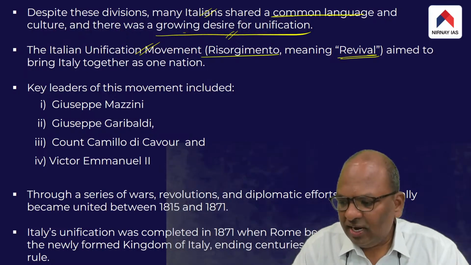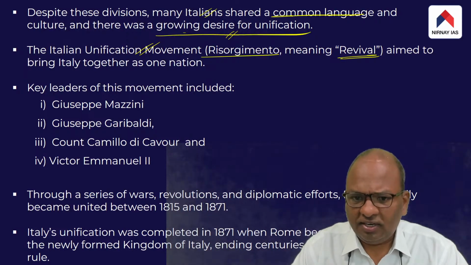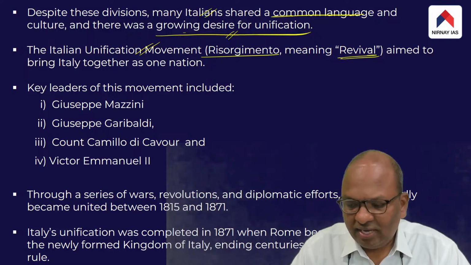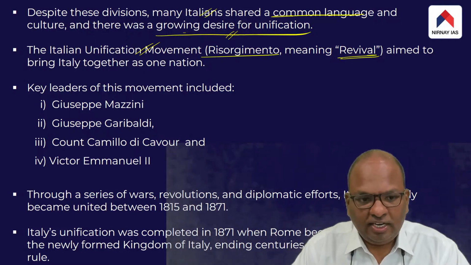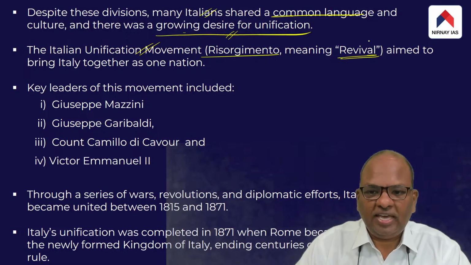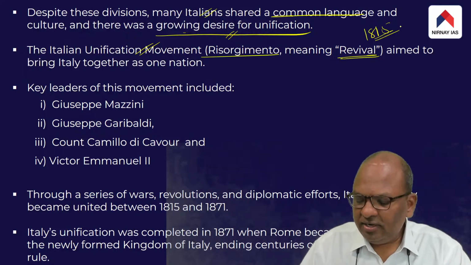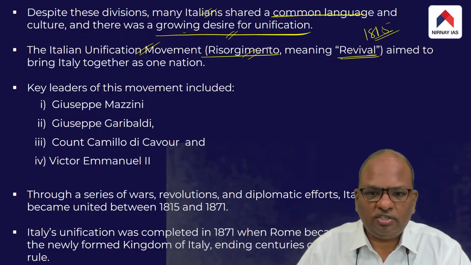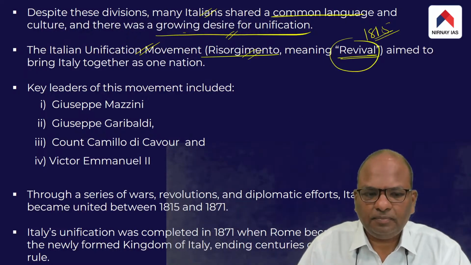The Congress of Vienna once again re-established the pre-revolutionary conditions, but the people of Italy desired unity, and therefore the Italian unification movement began in 1815 itself. And this movement is called Risorgimento, meaning revival.